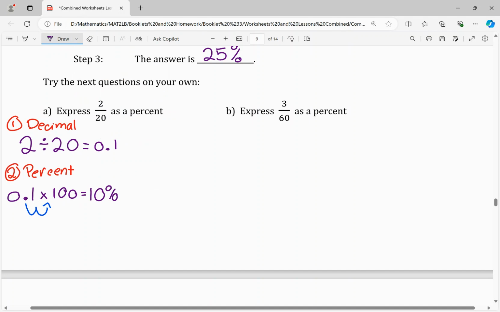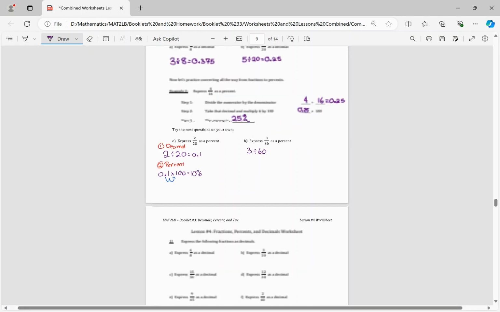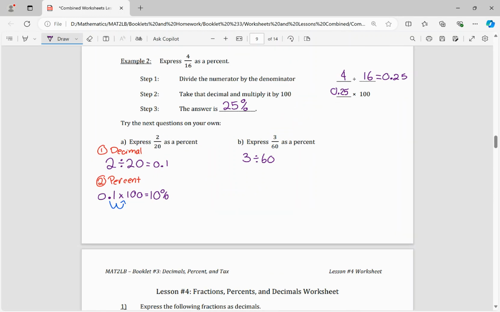Okay. Question B. We need to express 3 out of 60 as a percent. Step 1, we're going to divide 3 by 60. That is going to equal, well, we don't need to be that zoomed out.